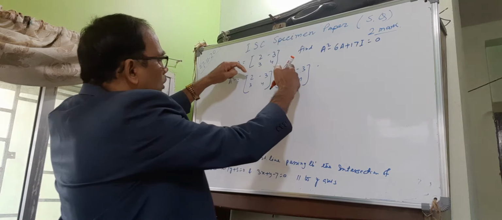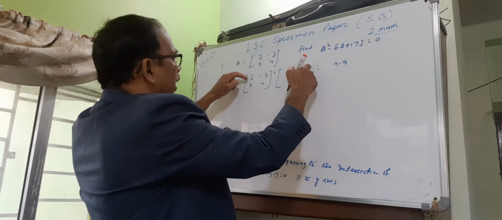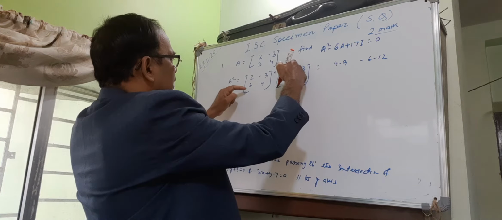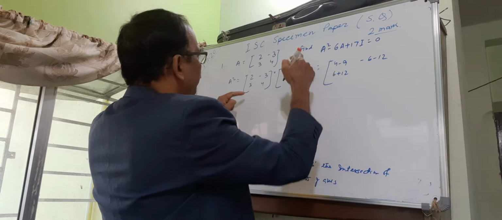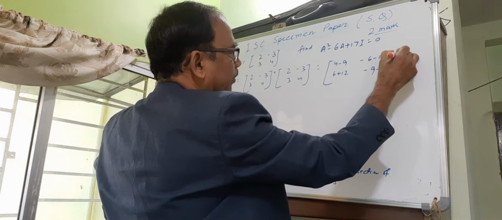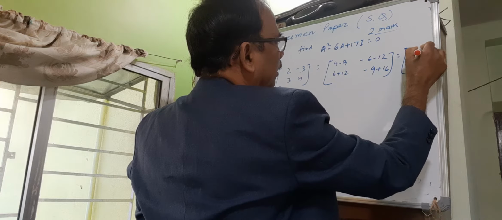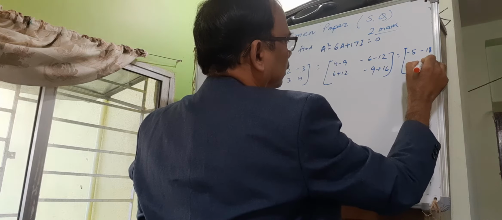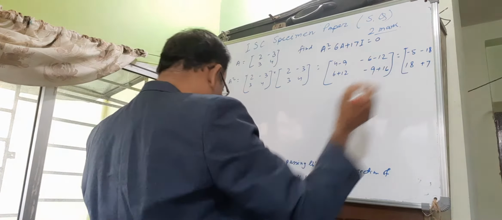Multiply row with column: 4 minus 9, minus 6 minus 12, 6 plus 12, minus 9 plus 16, equals minus 5, minus 18, 18, plus 7.